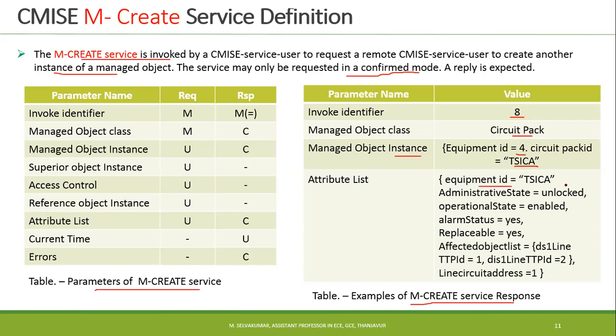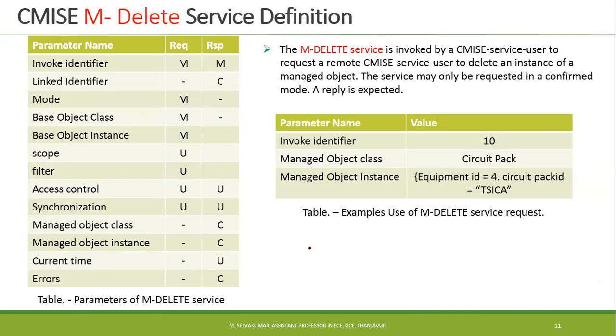Equipment ID again TSICA. For creating the service, the admin state is to be unlocked. Operation state enabled. You have to enable the service of the new objects. Alarm status, yes. Replaceable, yes. Affected object list, DS1 line 1 and line circuit address equal to 1. These are the services created by the M-create service definitions.